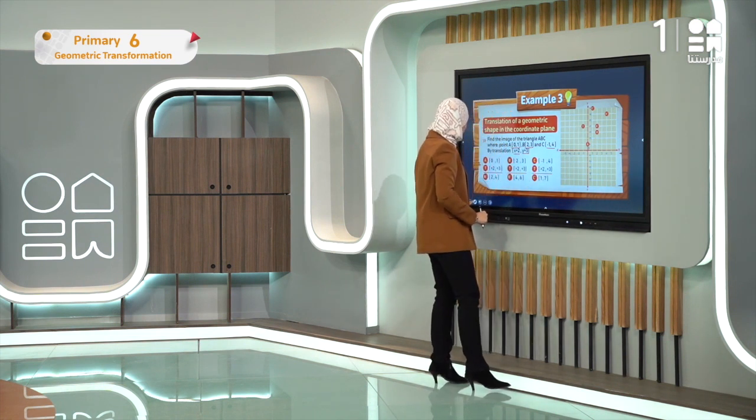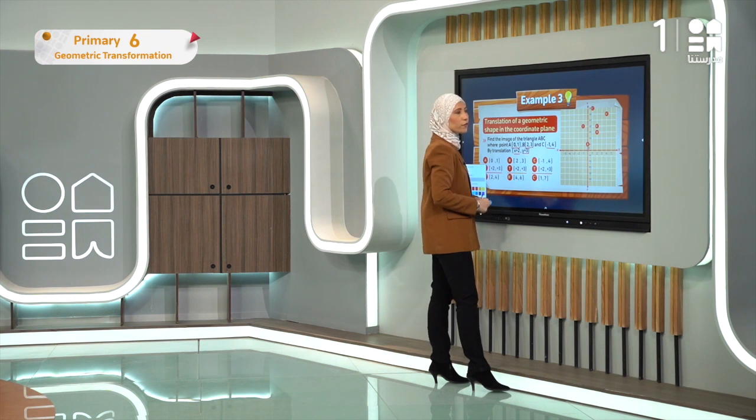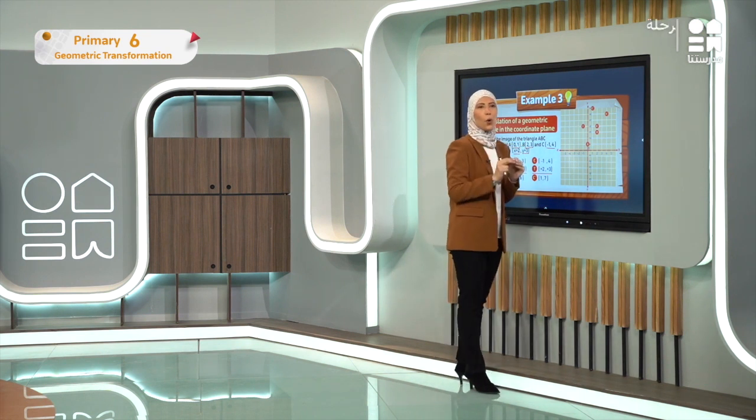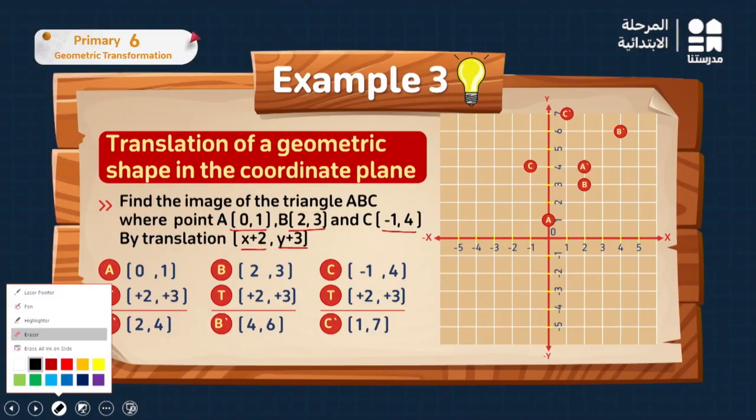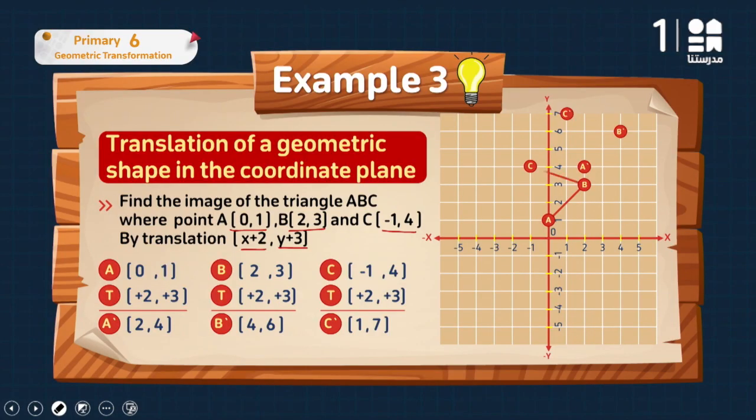طيب. Now, if I want to find, I will going to join my points. هعمل join الpoints and then I will going to join my images to find my shapes. Okay. So I will go to A, B, C, of course. So it's a triangle. So this is the triangle ABC.